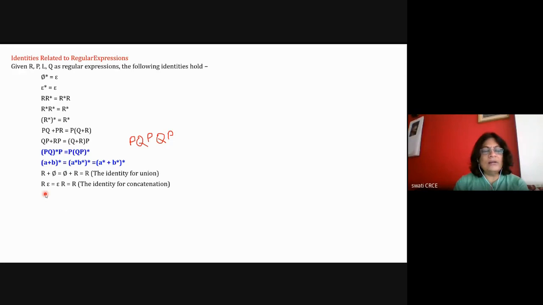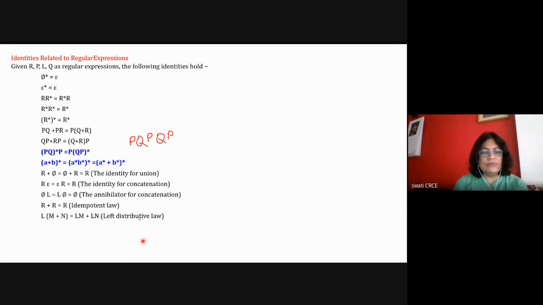The identity for concatenation is that R dot epsilon is equal to epsilon dot R is equal to R. So epsilon into R, both are compulsory, so that is nothing but R. Then empty set dot L is equal to L dot empty set is equal to empty set. Then R plus R. So either R or R is nothing but R.